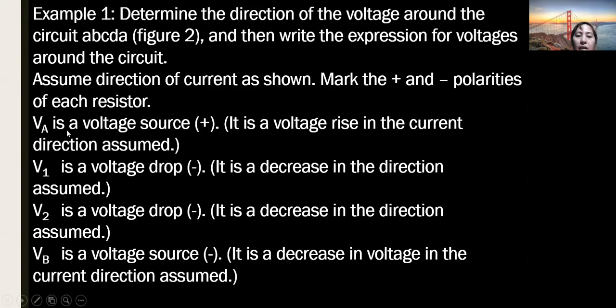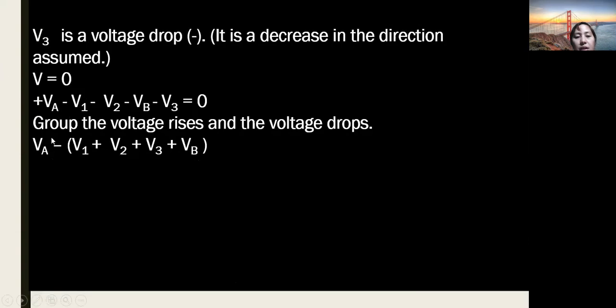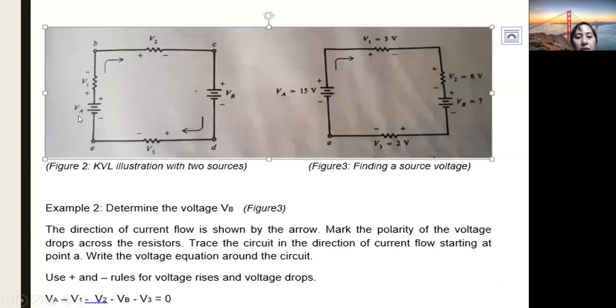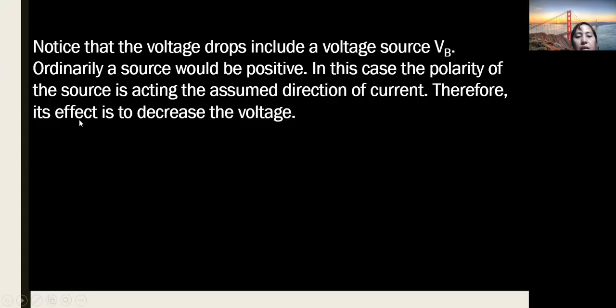Okay, so VA is the voltage source. It is a voltage rise in the current direction assumed. So where is this VA? Here it is, this is the VA.